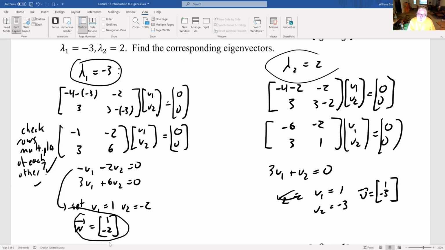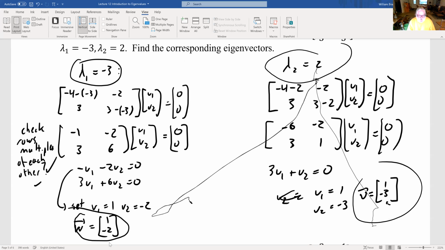And so now I have an eigenvalue, eigenvector pair. Of course, any multiple of this is also an eigenvector, and it would be paired with that eigenvalue. Any multiple of this w is also an eigenvector associated with lambda 1 equals -3.